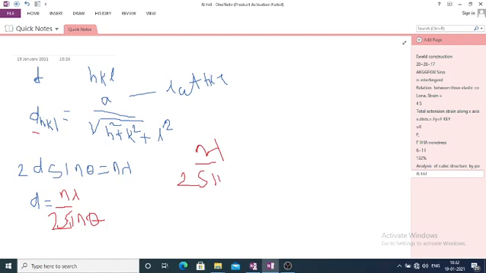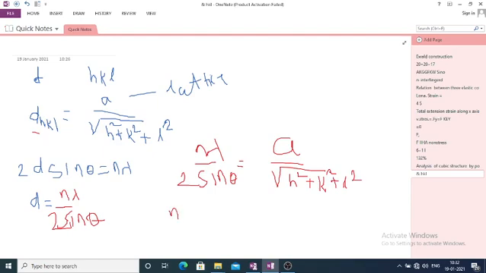You should remember 2 sin theta. So we get a upon square root of h square plus k square plus L square. Now you have to square both sides.